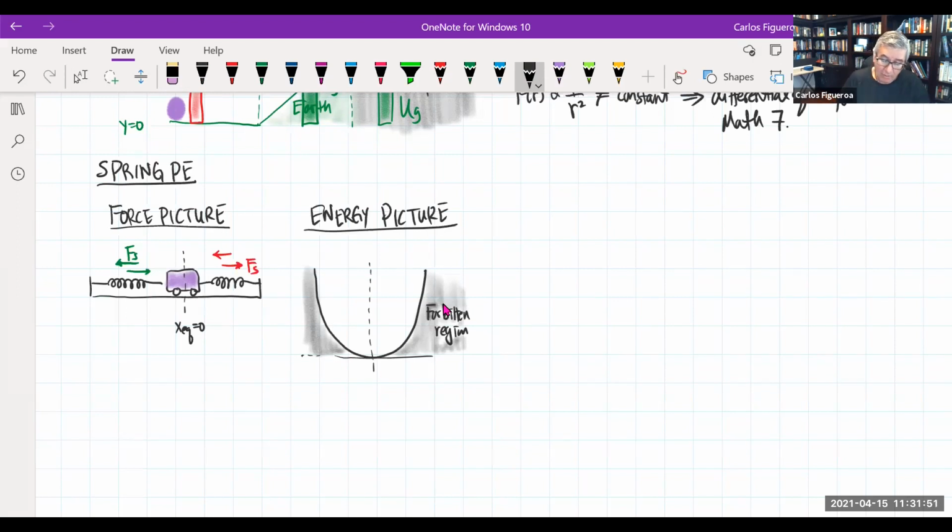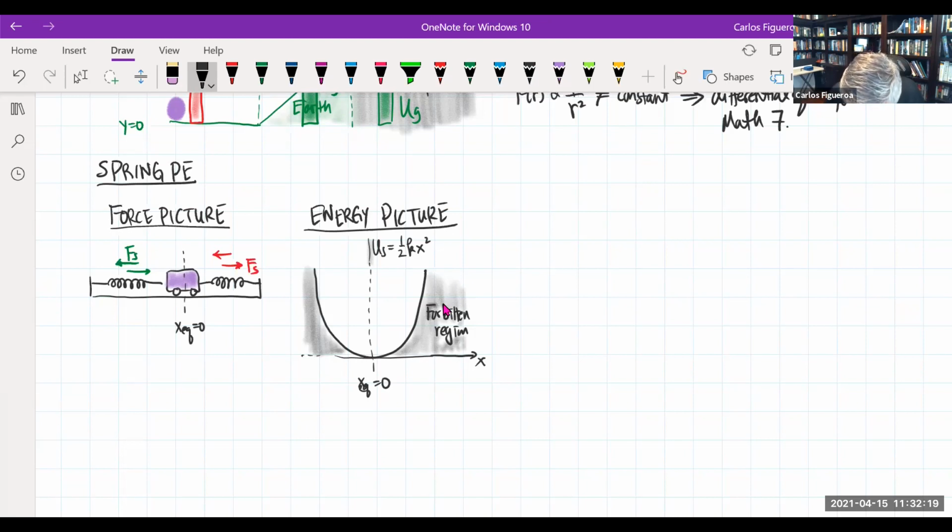And so when I look at this picture here, the reason why I got that is that, as we said before, I have a spring potential that's 1/2 kx squared, and I'm plotting this relative to x, where I have my equilibrium right here in the middle. And so how do I interpret this in terms of the forces here?